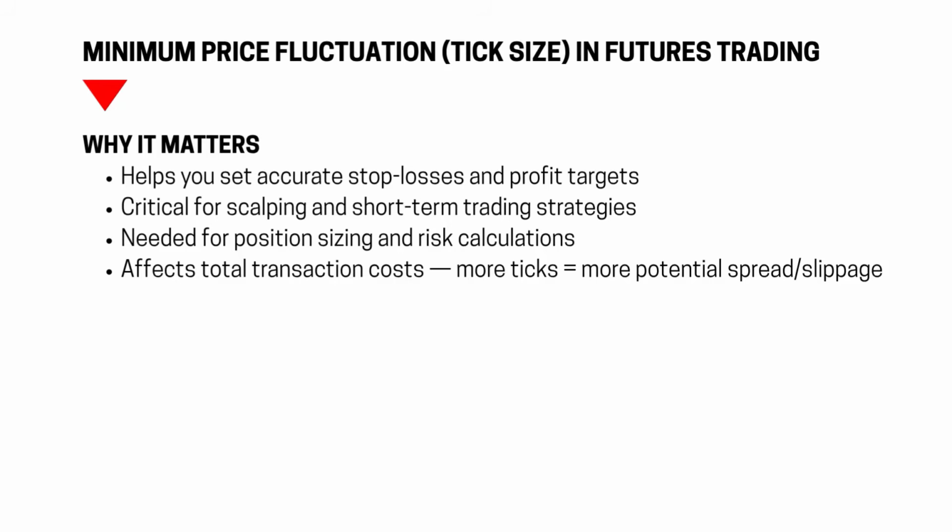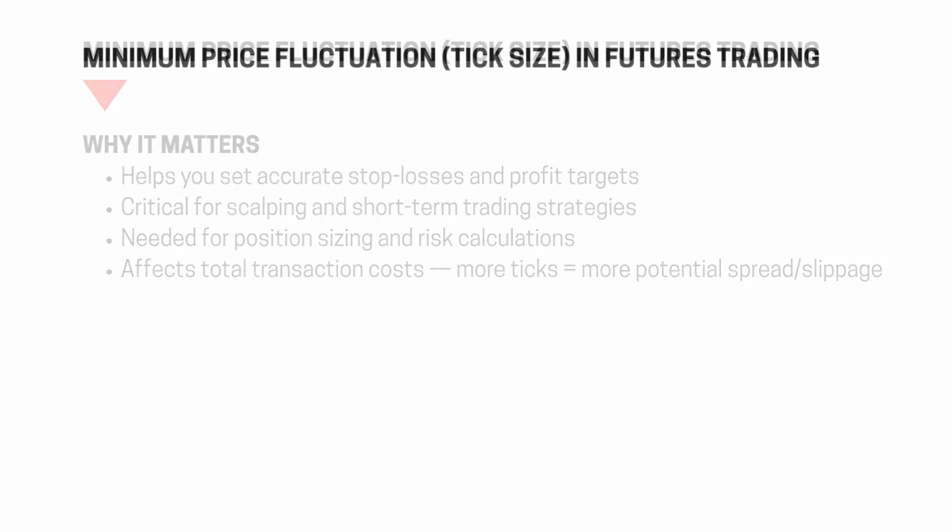More ticks equals more potential spread slippage. So a really important set of parameters to get your head around, because, like I said, once you get live trading in futures, very important.